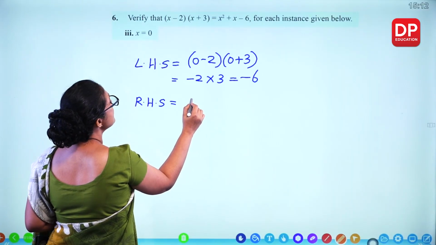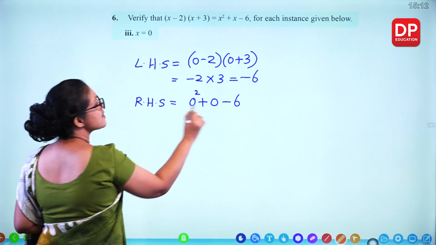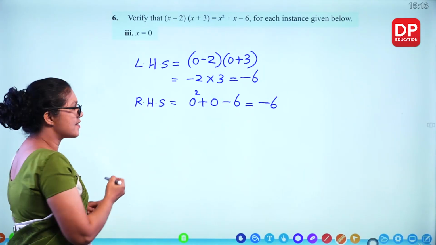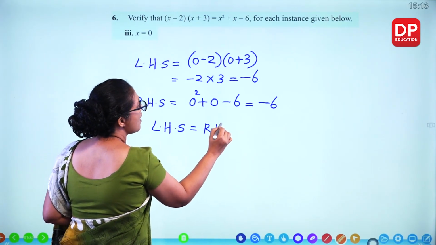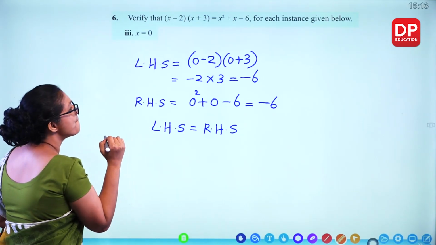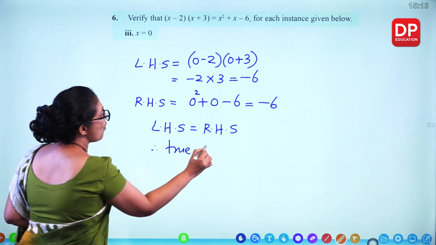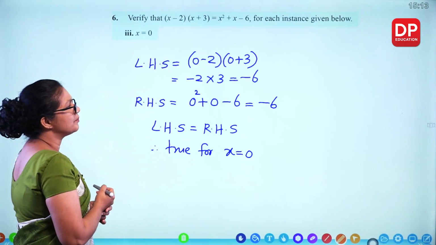X squared means 0 squared plus 0 minus 6. You get minus 6. So you get the same answer. Left hand side is equal to right hand side. So we can say therefore true for x equals 0.